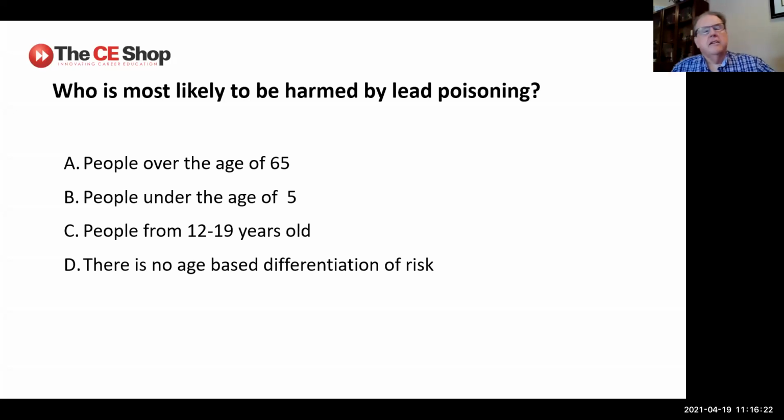Who's most likely to be harmed by lead poisoning? I think many of us will probably already have a clue about the answer to this. That would be children, typically under the age of 5.